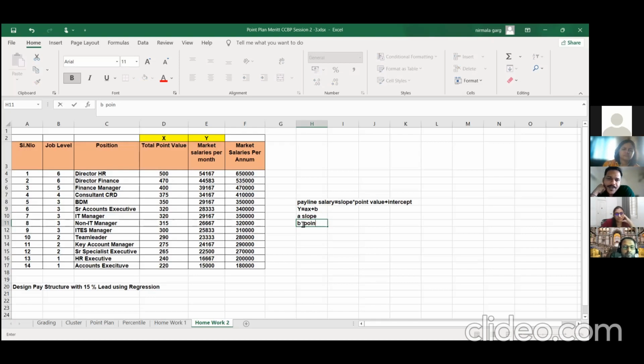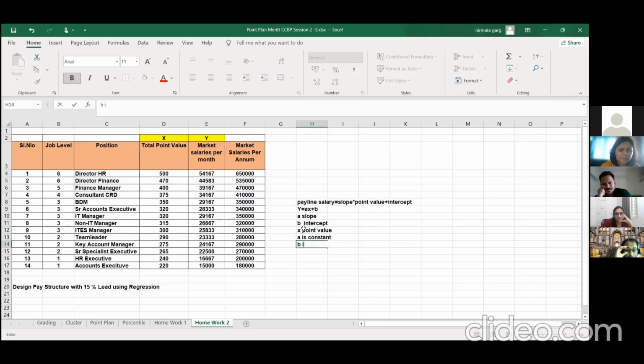B is intercept, isn't it? X is your point value. A is constant. What does it mean? It doesn't change for all your positions.